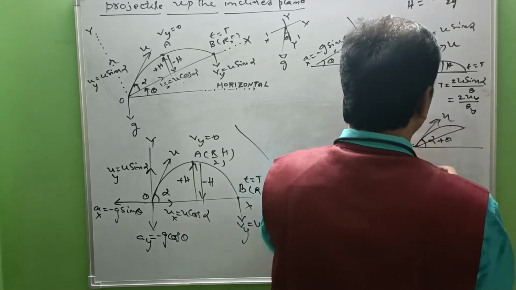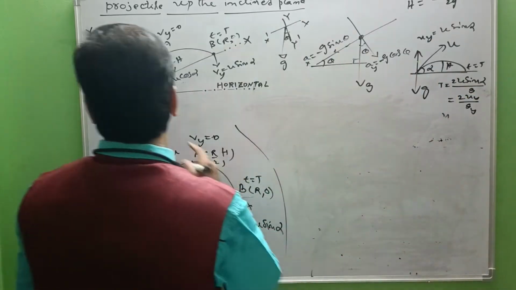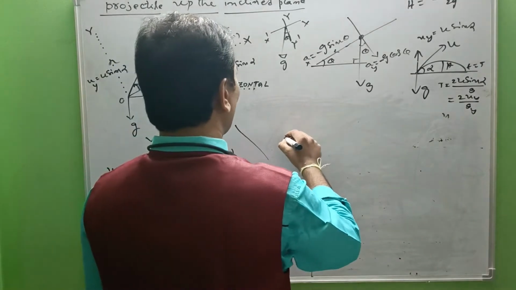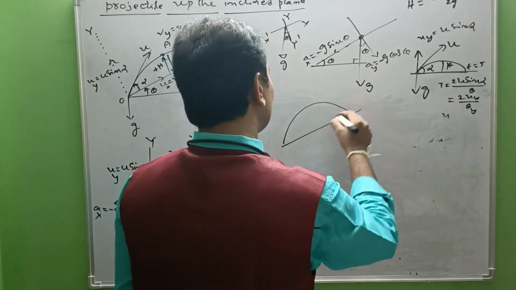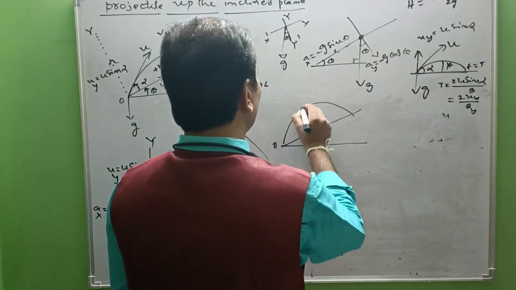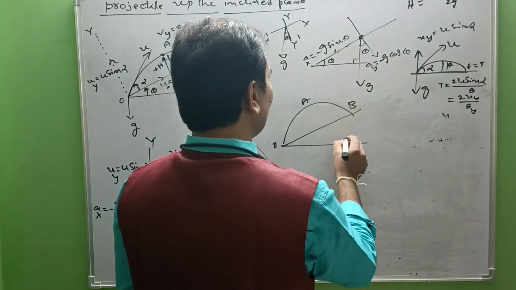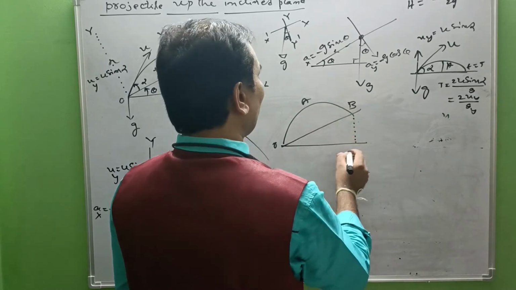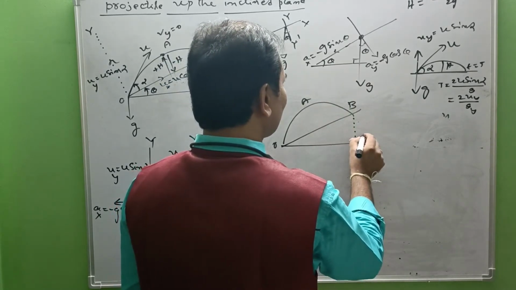Now O, A, B like this. If I join B to the horizontal like this, say this is C.